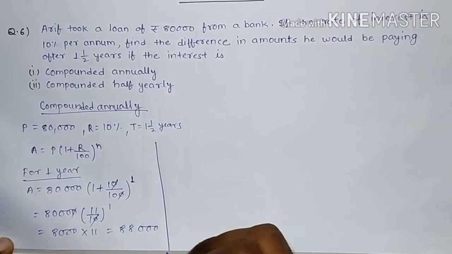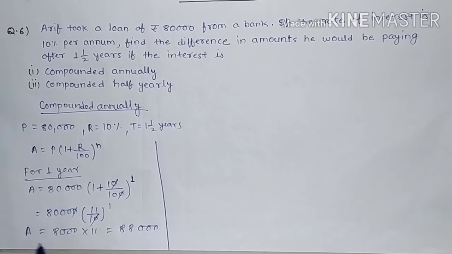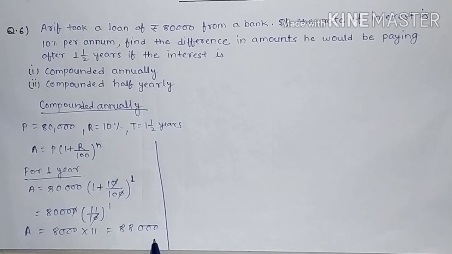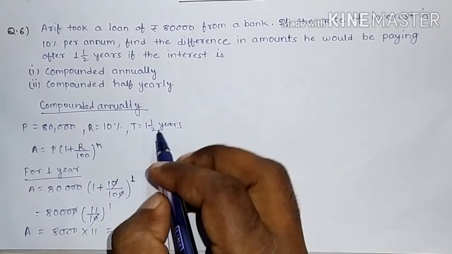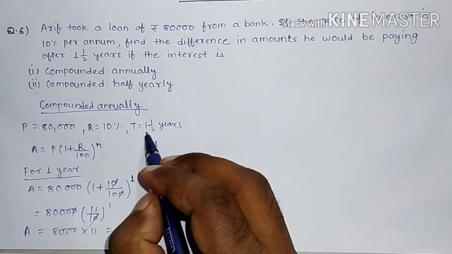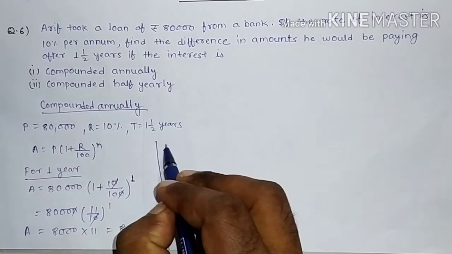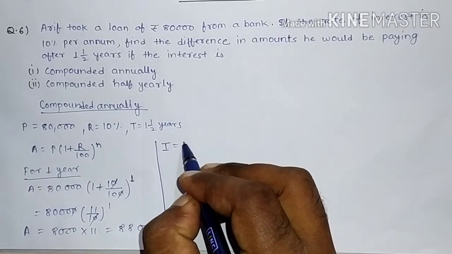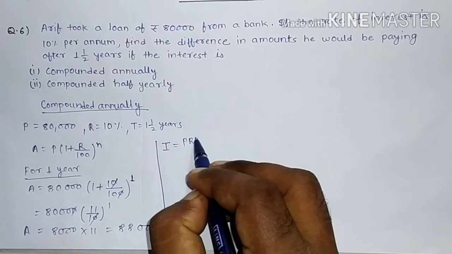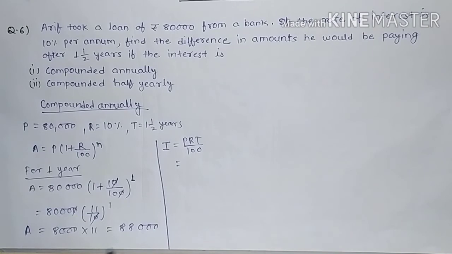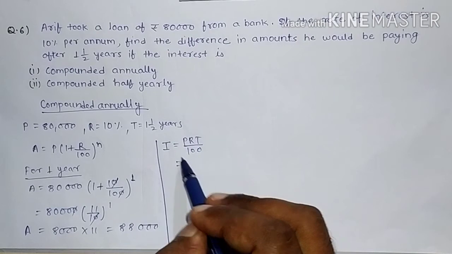Now the next step: this is the amount for 1 year, 88,000 rupees. Now for the next half year, as this is 1.5 years, we have to find interest for the half year. So this will be simple interest, and the formula will be PRT upon 100. Here the amount of 1 year, that is 88,000 rupees, becomes the principal of the next half year.